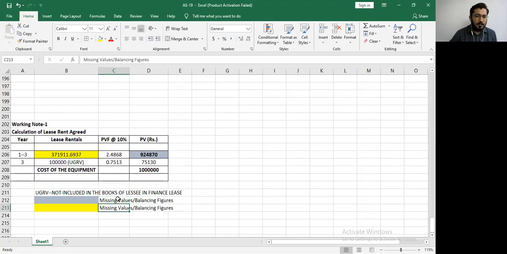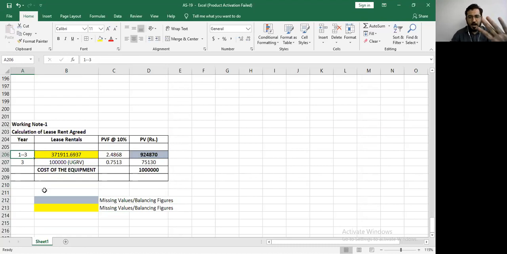Which means I have got that the present value of MLP, the lease rent that will be used, is 3,71,911. Okay. Are you absolutely clear till here? If you're clear till here only, then I'll go to the next part.